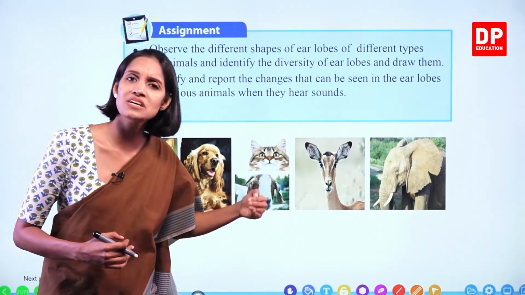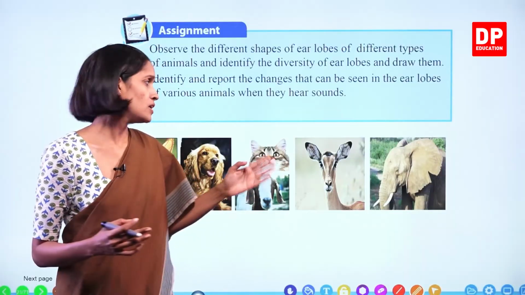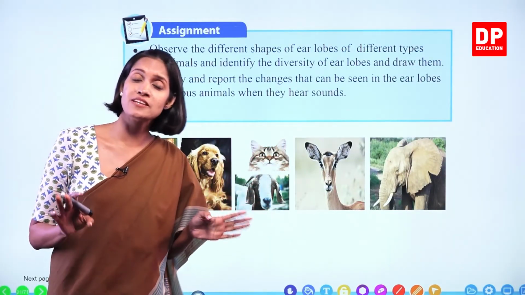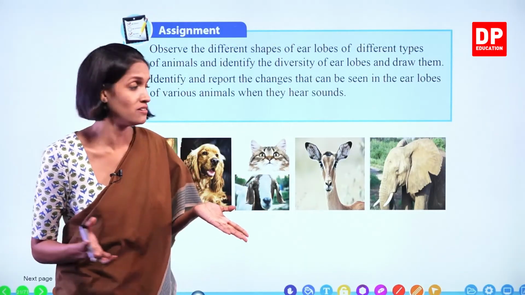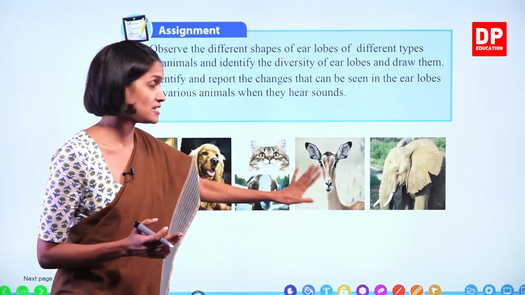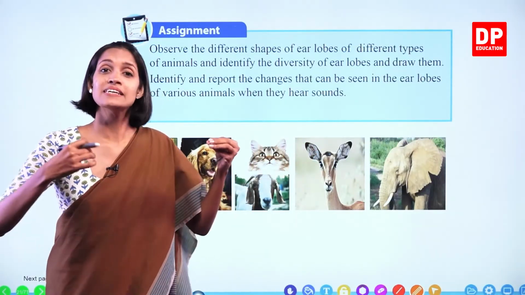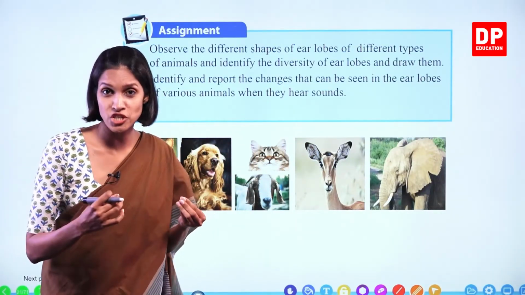Have you ever observed animals listening to sounds? Even if you haven't seen them in real life, sometimes you must have seen them in videos. Look at this. This is a deer. Have you seen, even in videos, what happens to a deer's ear when it senses that another animal is coming to catch it?